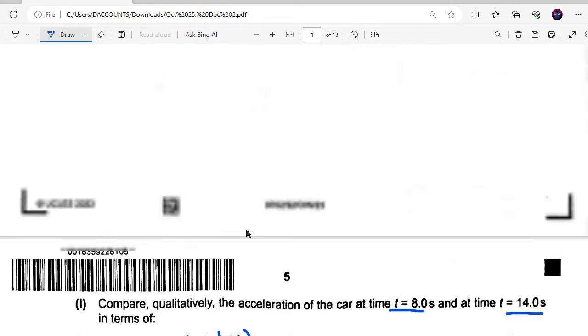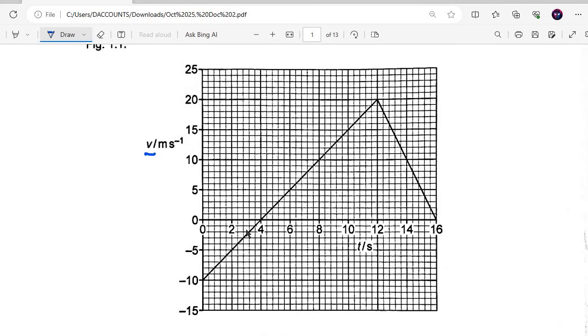So at t equals 8 seconds, we have the same acceleration as at t equals 10, at t equals 12, and also at t equals 4. Why?